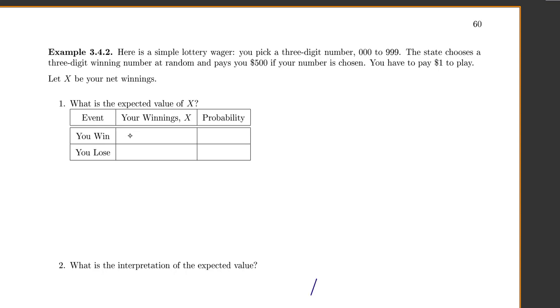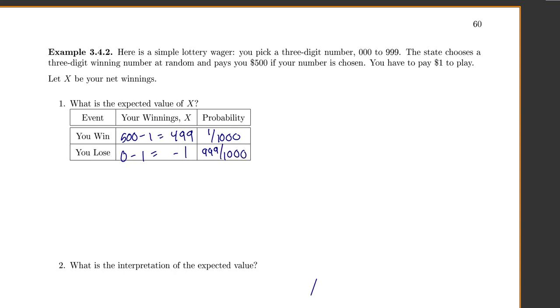If we win, we get $500, but we had to pay $1 first, so this would be 500 minus 1 equals $499. If we lose, we get paid 0, we had to pay $1, so this would be -1. For the probability, you could only pick one number, so there's only one right number out of 1,000 possibilities, so 1 out of 1,000. And to lose would be 999 out of 1,000.